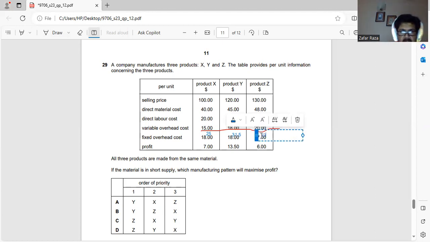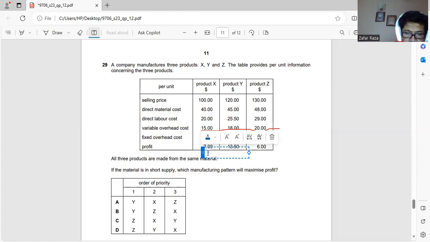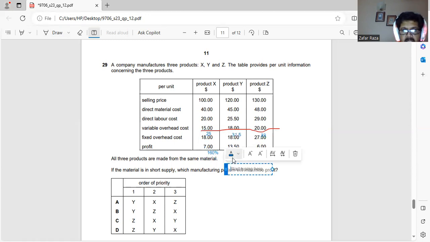Okay. Which factor? Material is short. So if we divide material by contribution, 40 divided by 25%, 160% here. What about this one? If we divide 45 direct material by 31.5%, answer is 142%.